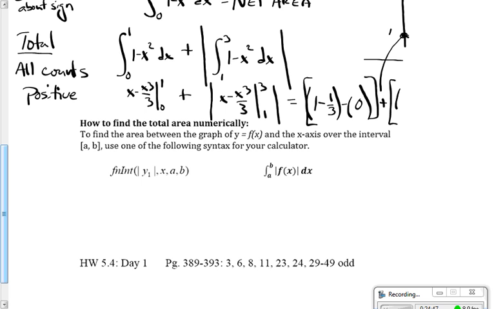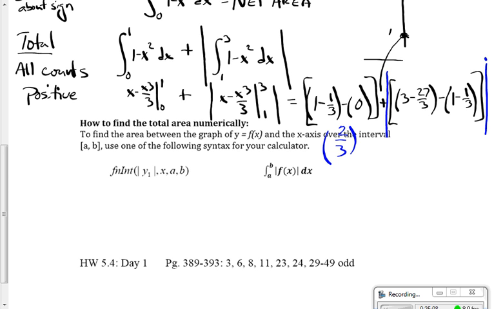This is going to be 3 minus 27 thirds minus 1 minus 1/3. 1 minus 1/3 in the first set of parentheses here is 2/3. I need the absolute values around the second one, guys, if I'm consistent on notation. Okay, plus the absolute value.